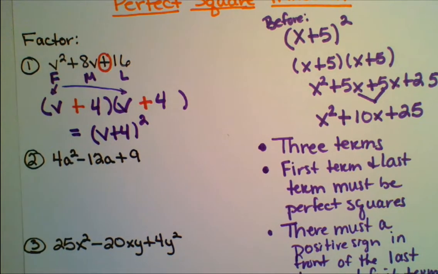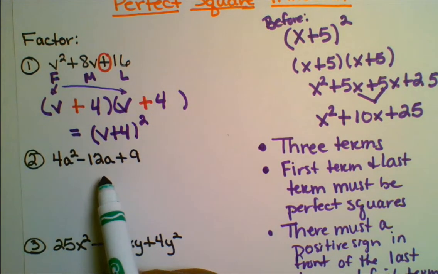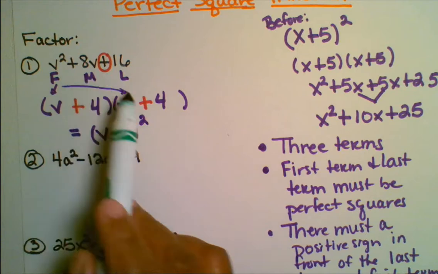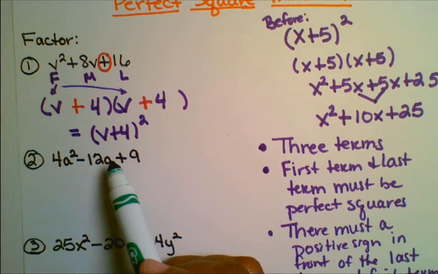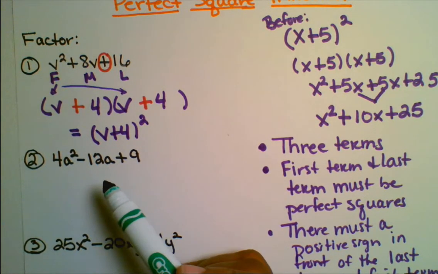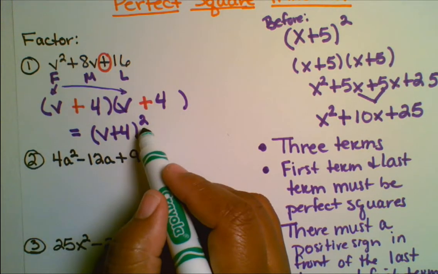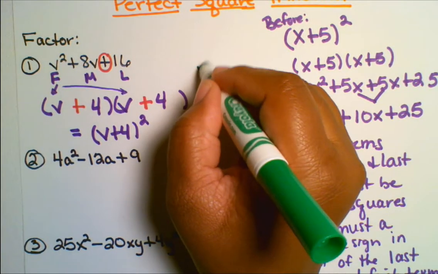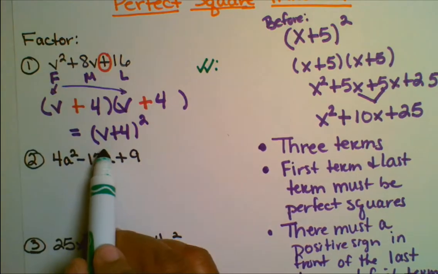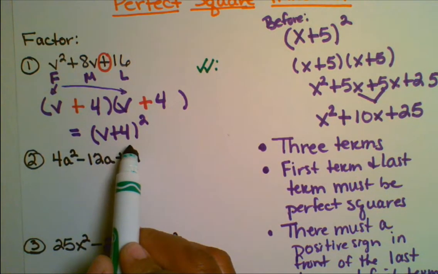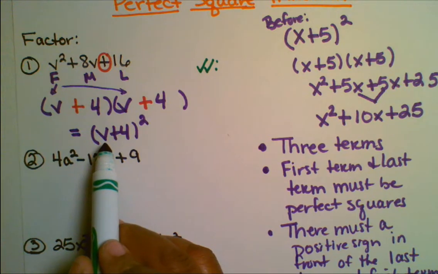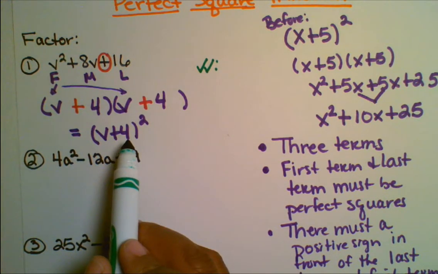Now we can check our work to verify if this trinomial is a perfect square. Here we have the quantity v plus 4 squared. To check your work, multiply the first term, which is v, by the last term, which is 4.